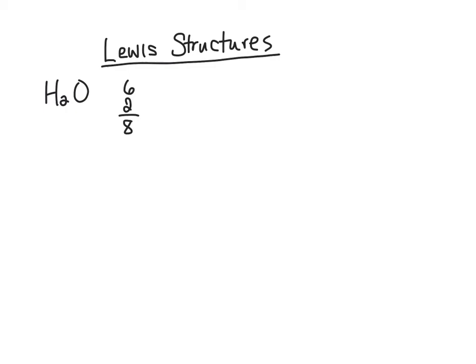Alright, so the element with the highest combining capacity is usually the one in the center. The combining capacity for hydrogen is 1, it can make 1 bond. Oxygen can make 2 bonds. So oxygen goes in the middle.